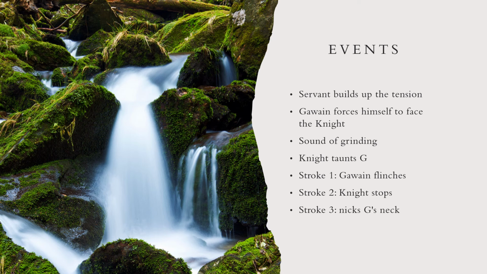Gawain is experiencing just an innate, instinctive flinching because of the drive for survival. Then stroke 2, the knight looks like he's going to bring down the biggest wallop ever, and he stops. And then with stroke 3, he nicks Gawain's neck and brings blood.